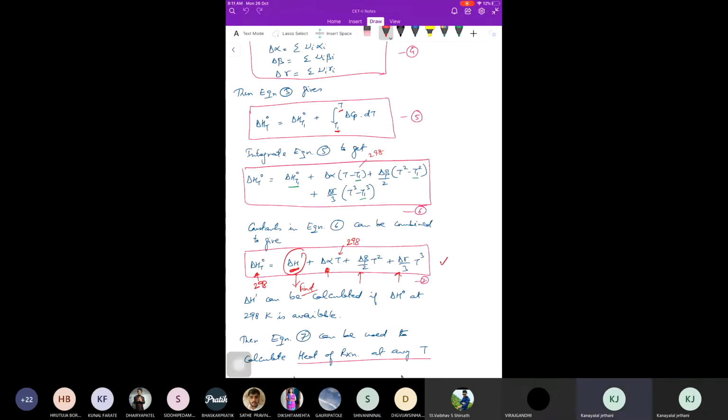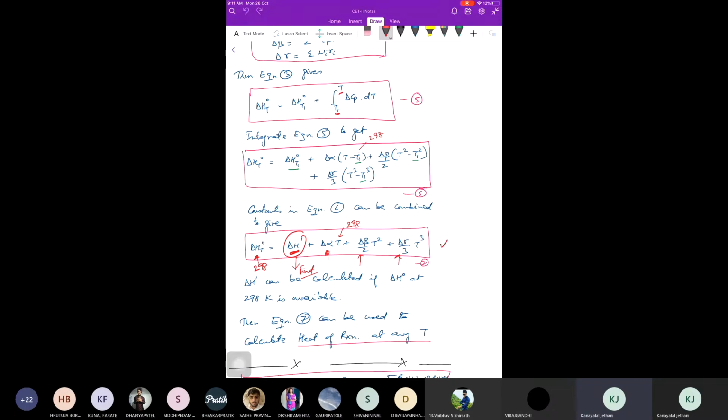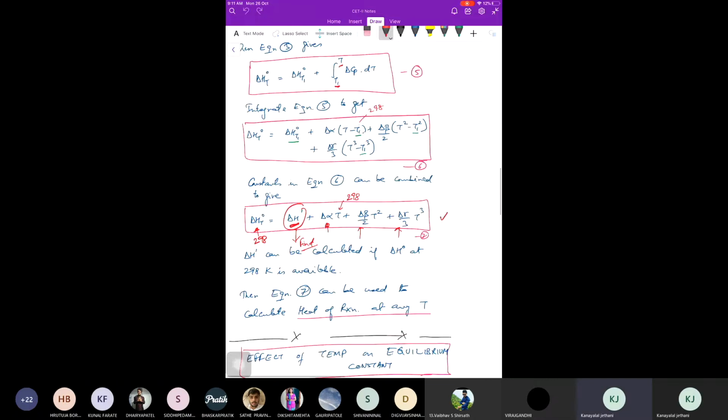Okay, is that understood? Any questions or doubts on how to use equation 7? Okay, if there are no doubts, let's proceed now.